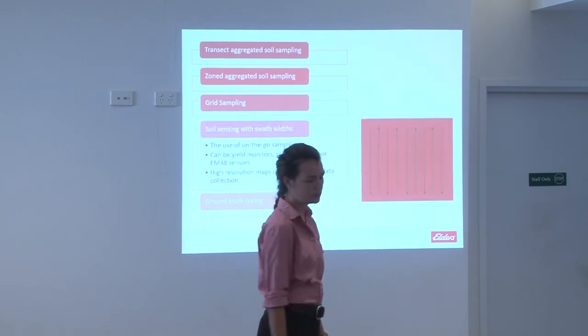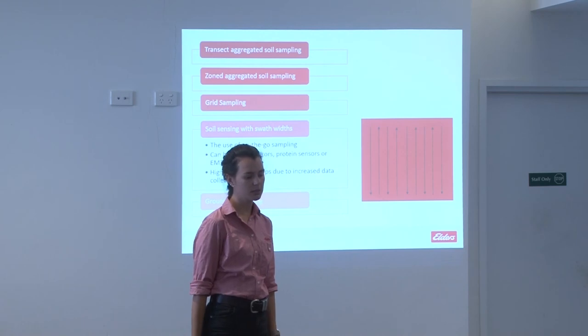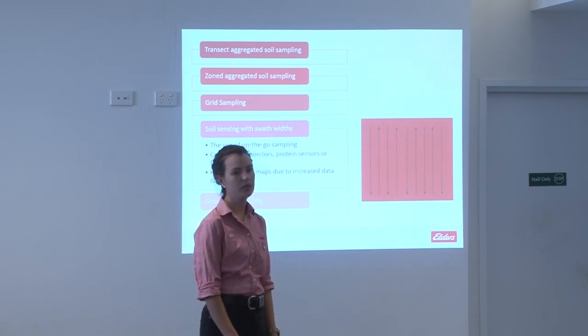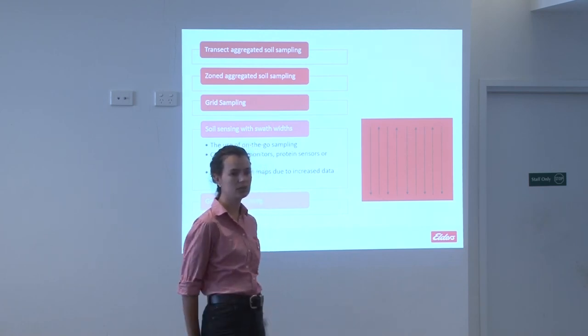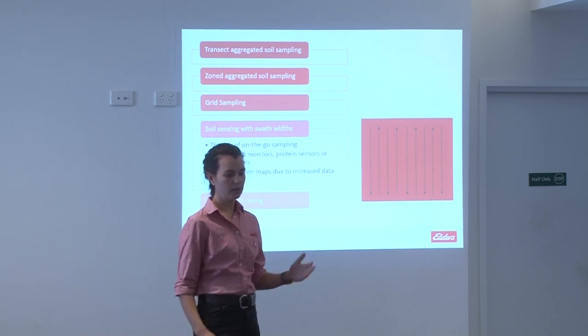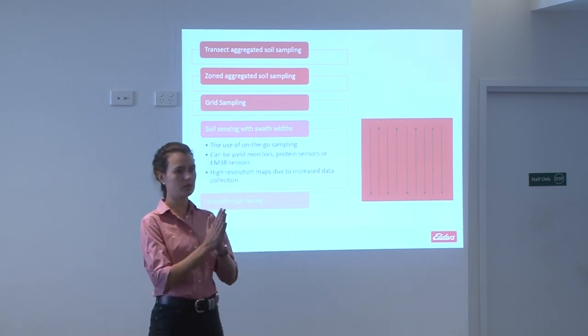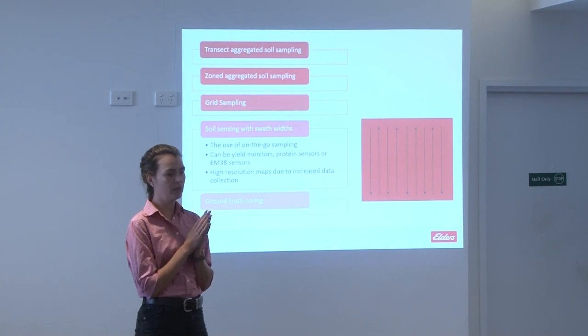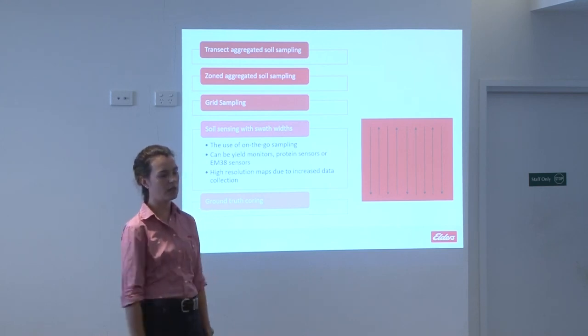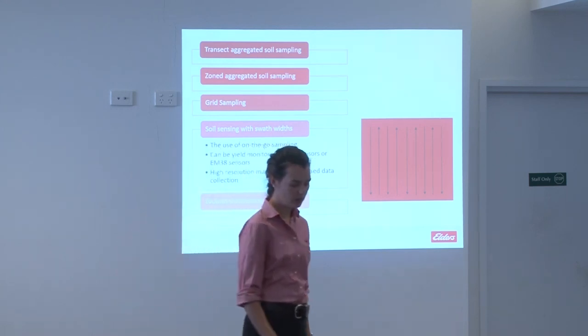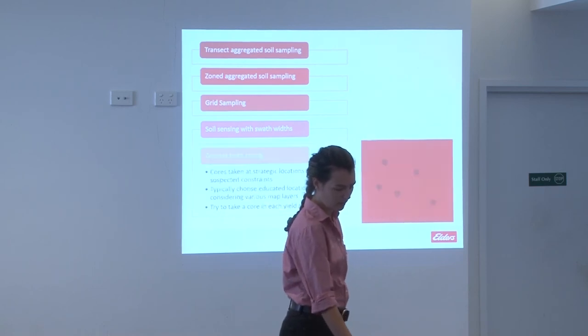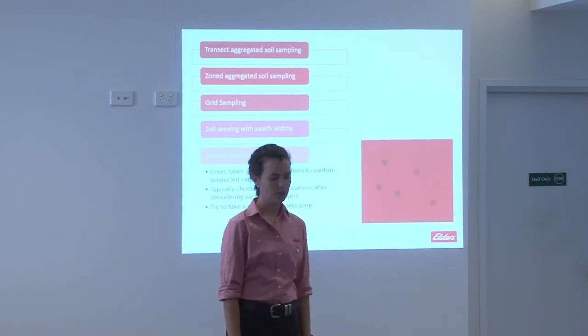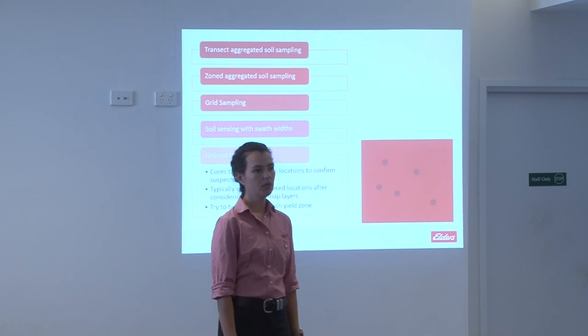The next is soil sensing using swath widths. So that's what you'll do when you're in your header. At harvest time, it's constantly collecting data, and then you stitch those widths together to make a full map. And another example of that is your EM sensors. And then the last one, which I do a lot of, is ground truthing cores.